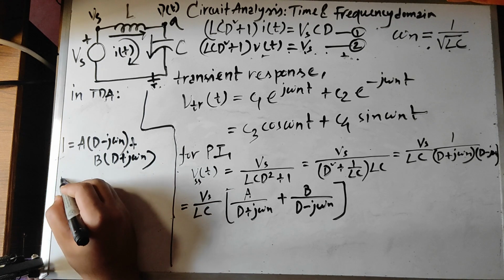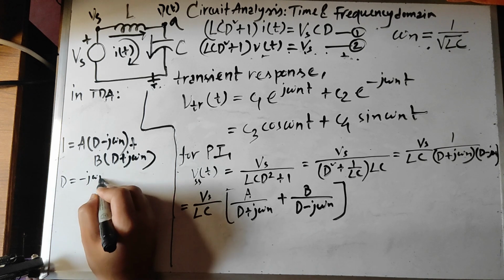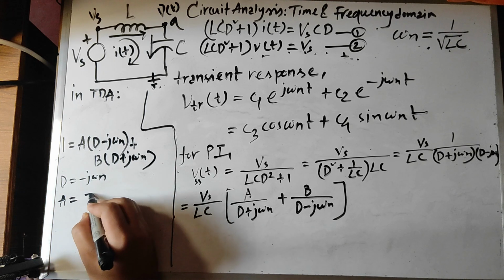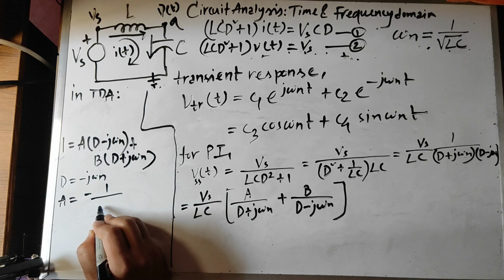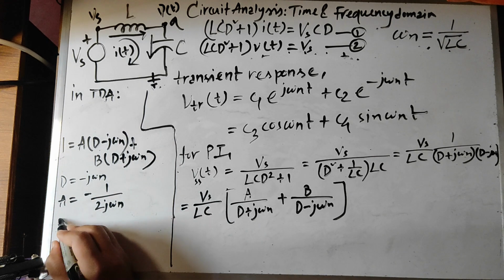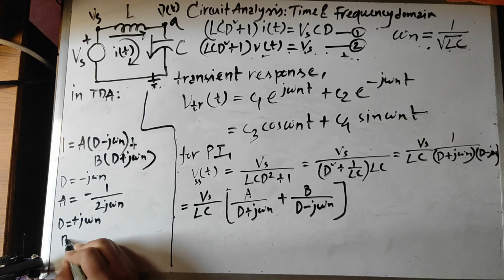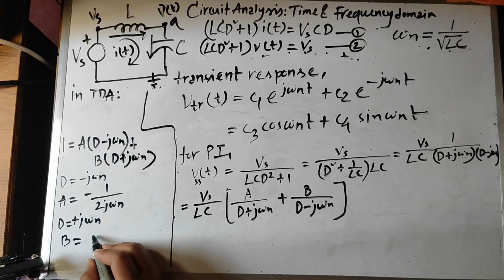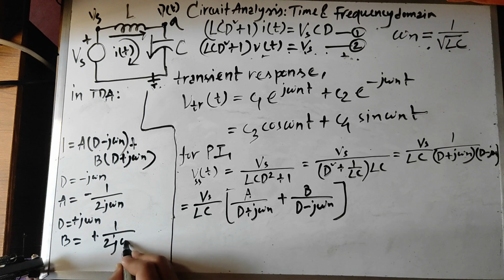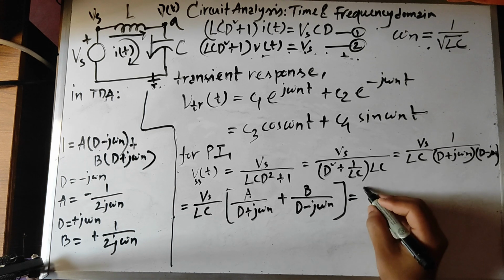Now say D is minus j omega n, which will give us a as minus 1 by 2j omega n. If D is plus j omega n, it will give us b as plus 1 by 2j omega n. So just plug the values.